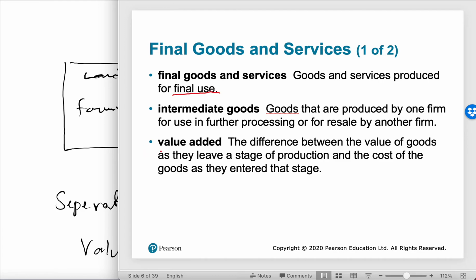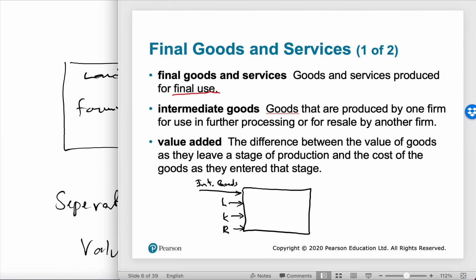So here the value added is defined as follows. If a firm is using its labor and capital and materials or resources, it is also buying intermediate goods from others.